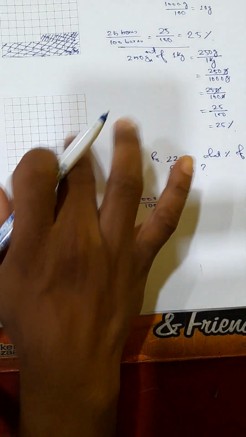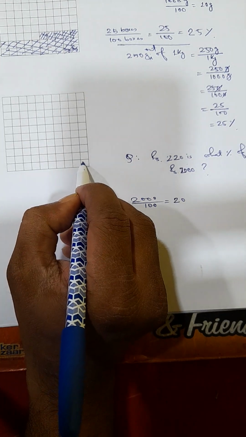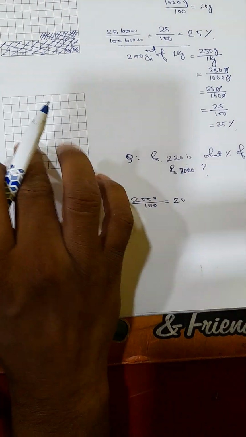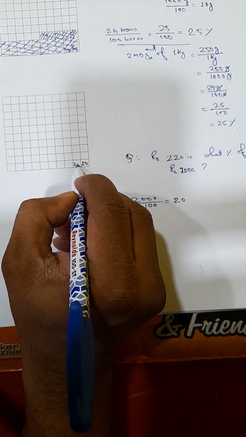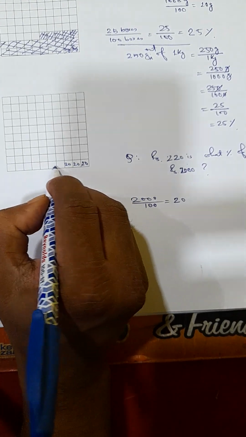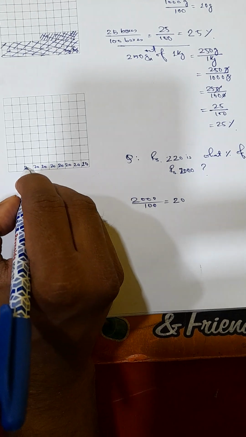Now we are dividing it into 100 equal parts. Each of these small squares will represent 20 rupees. 2000 divided by 100 is 20.